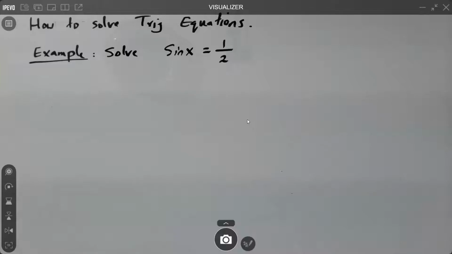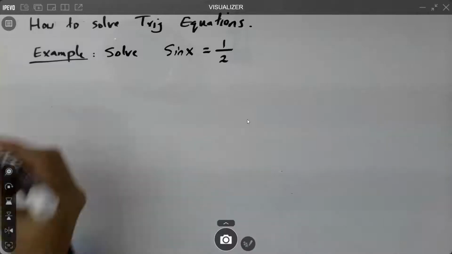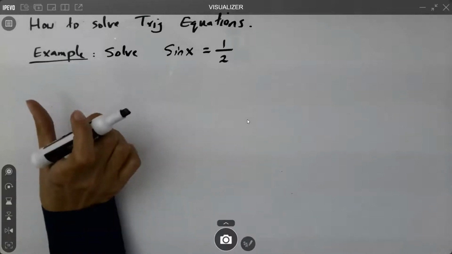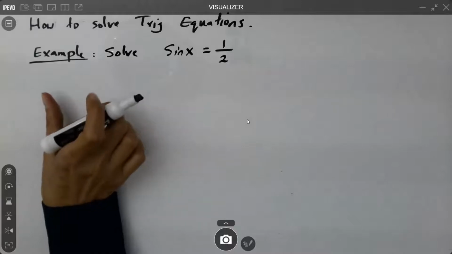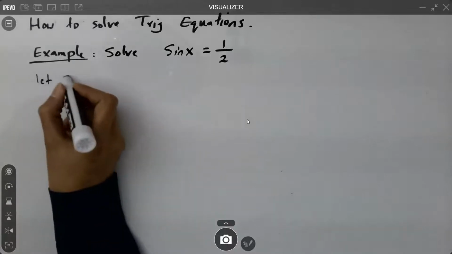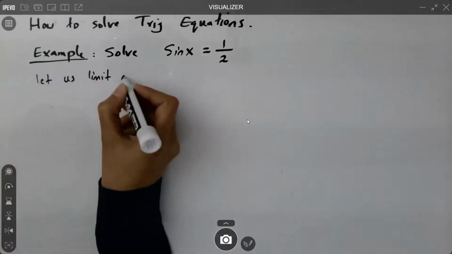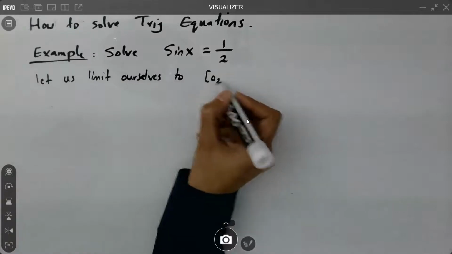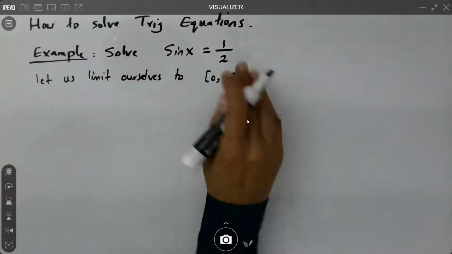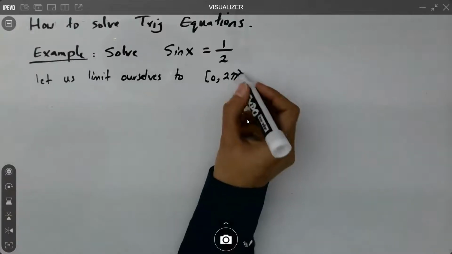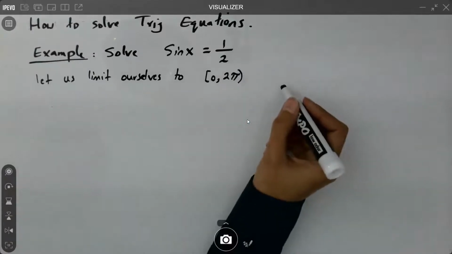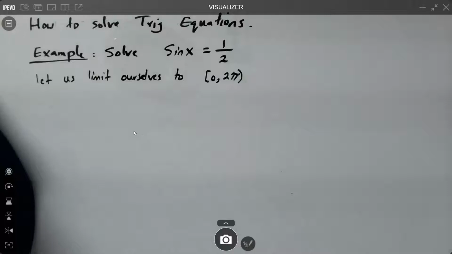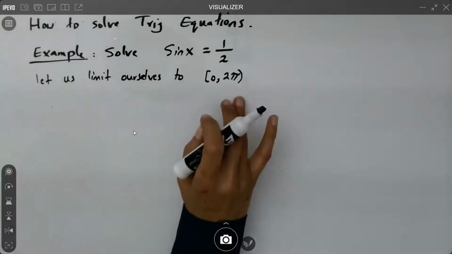Very well. So what are you going to do? You're going to first try to limit yourself to an interval. Let us limit ourselves to the interval 0 to 2 pi. That means I'm just working on the unit circle rotating once, or just looking at the sine between 0 and 2 pi.